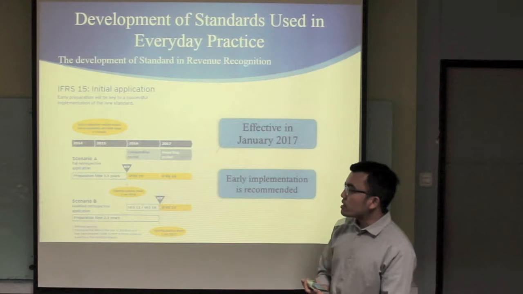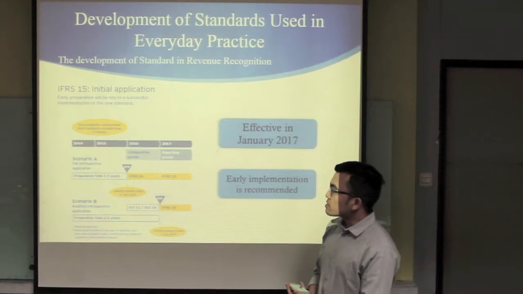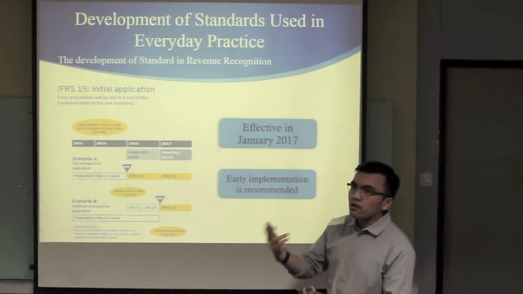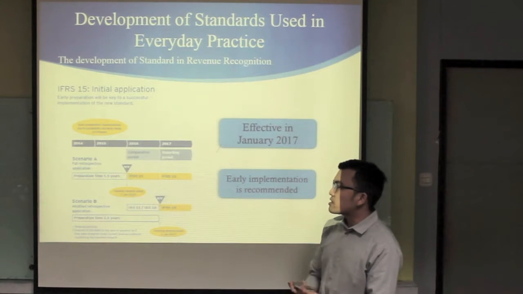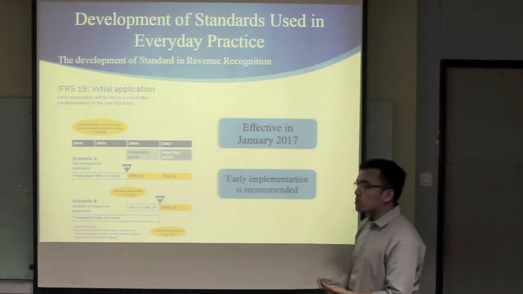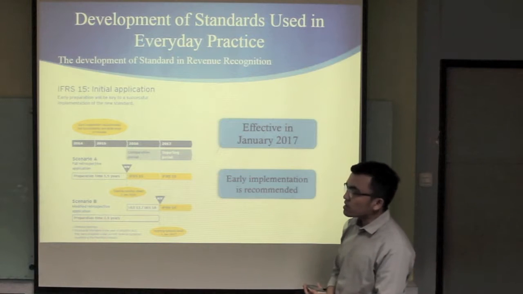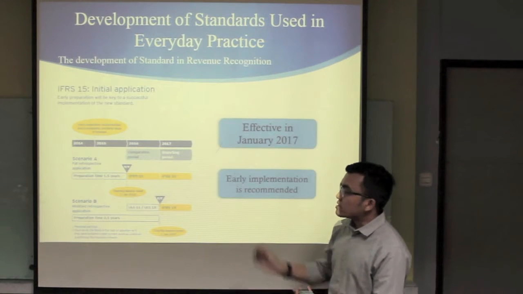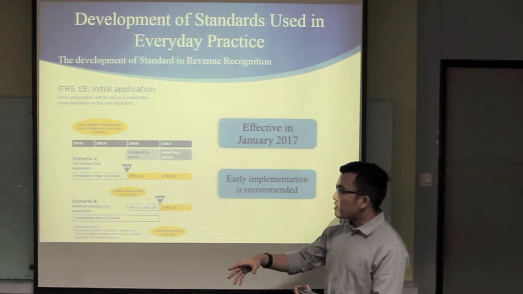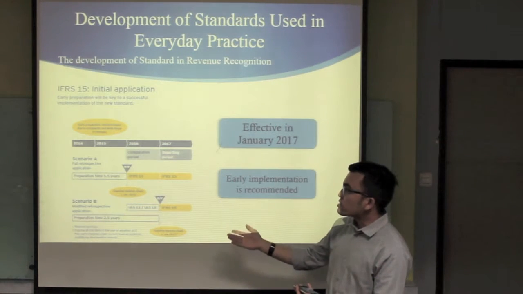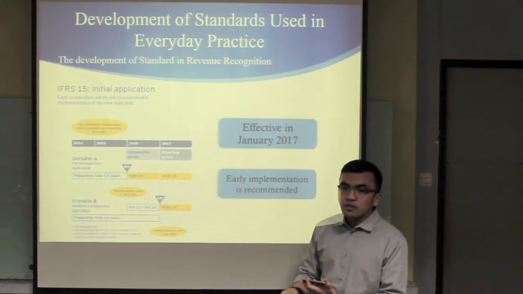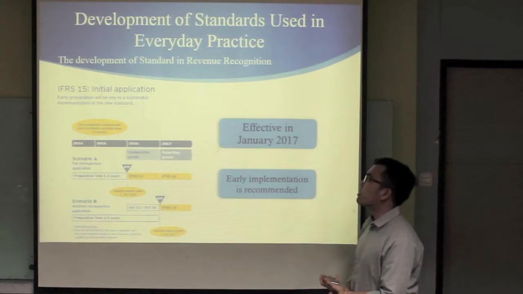And scenario B is that companies prepare themselves for 2.5 years starting 2014 until 2016, in which in 2016 they still use International Accounting Standard number 18 in recognizing their revenue and disclosing their financial statements, and then in 2017 they move on to adopting this new standard, which is IFRS 15.